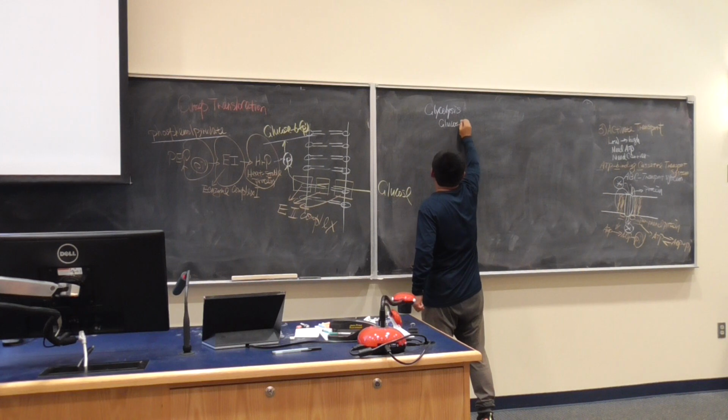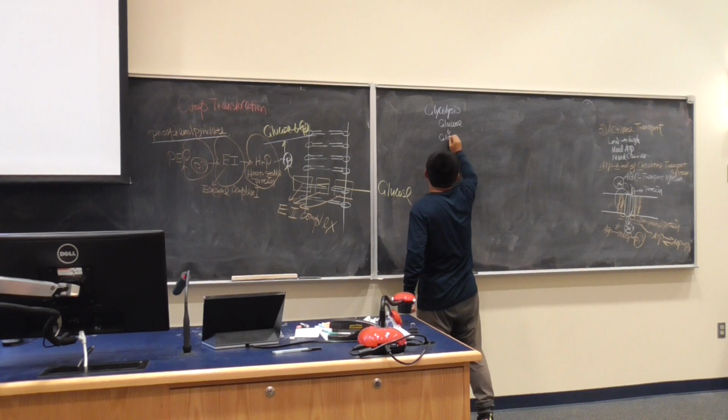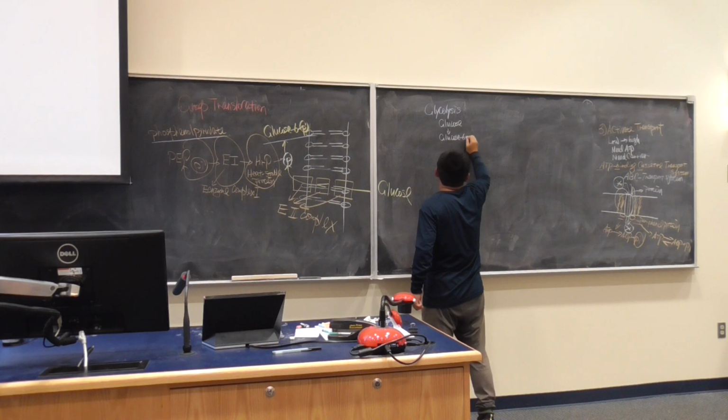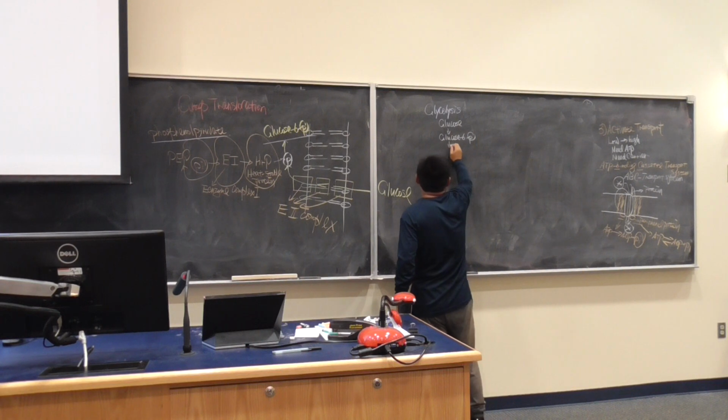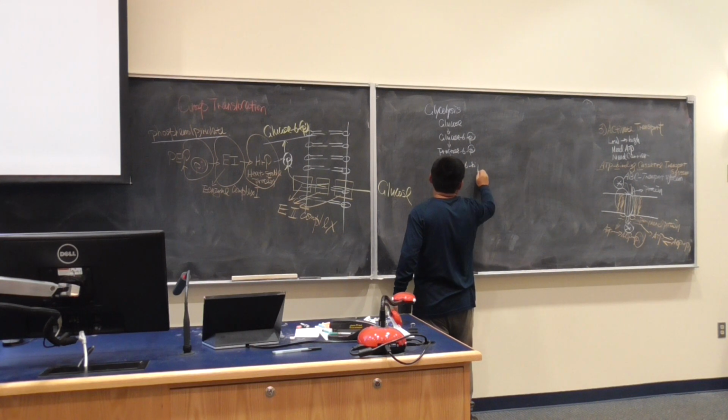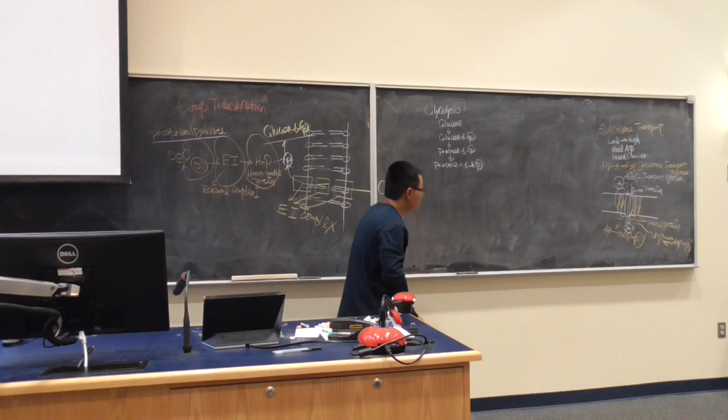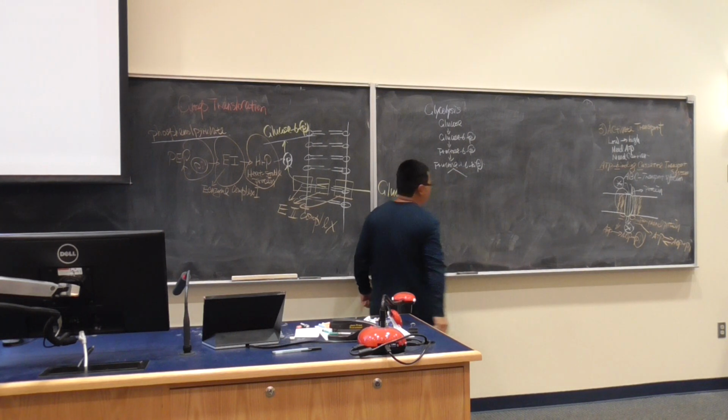Glucose will become glucose 6-phosphate. Then it becomes an isomer, fructose 6-phosphate. Then it becomes fructose 1,6-bisphosphate. Is that right? Then at this stage we go to a branch.